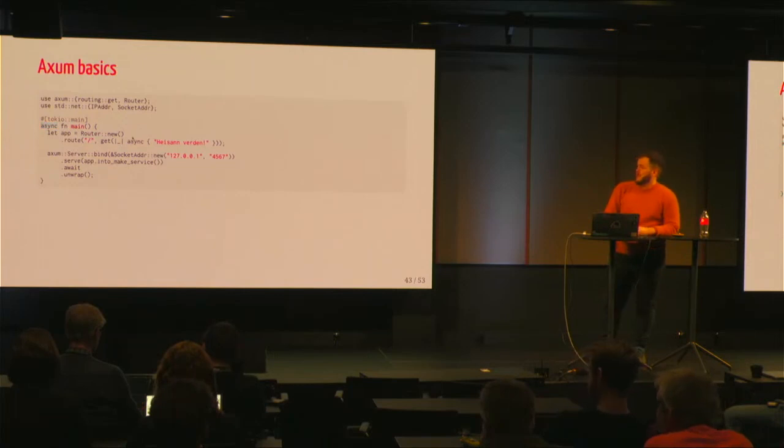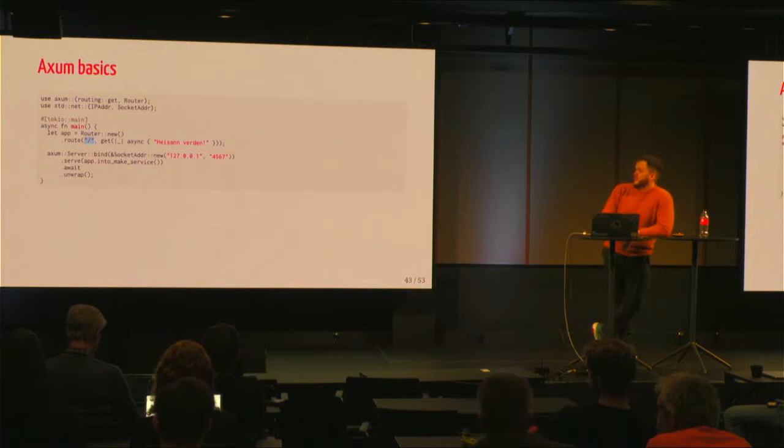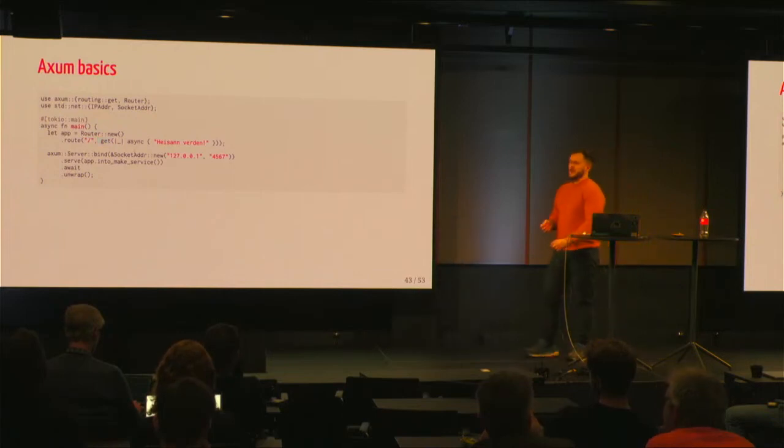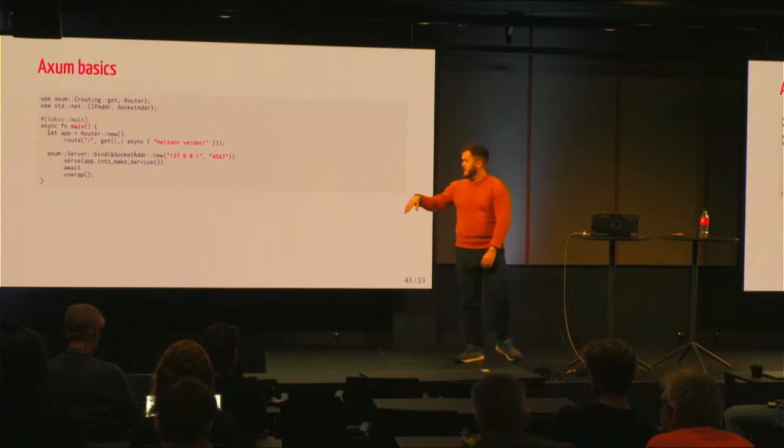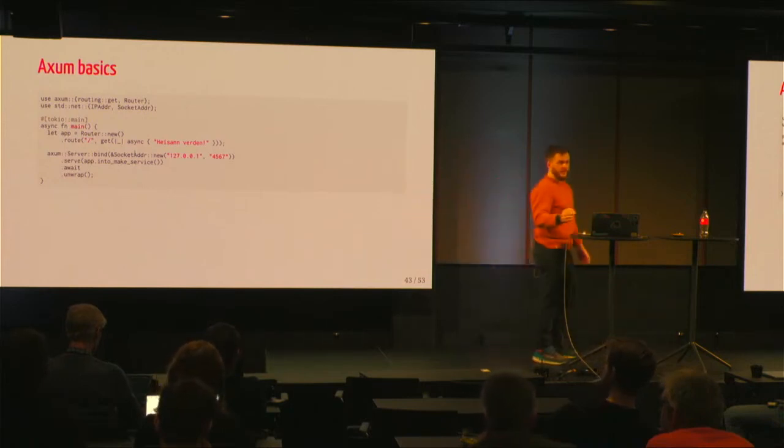And then we define an app router, a new router from the Axum crate, and then we define the routes. In this case, we just have the root. And then we define what the get function for the root is, which in this case is a closure where we don't care about the request or input. We just return an asynchronous hello world text back.